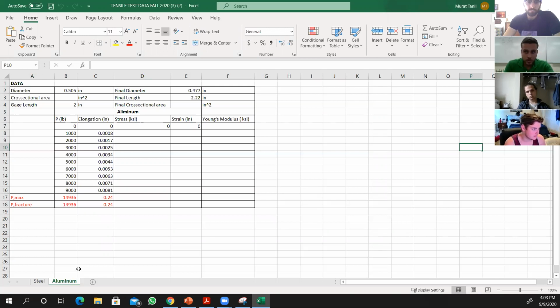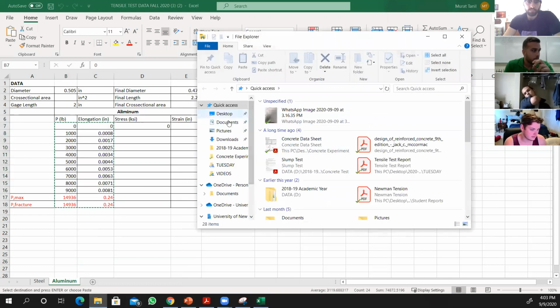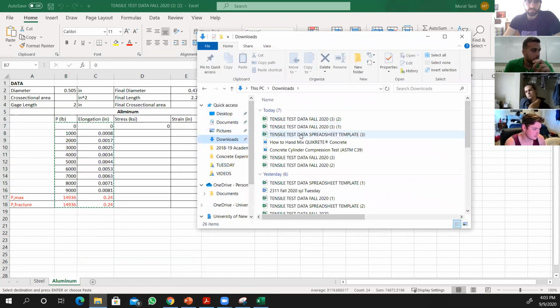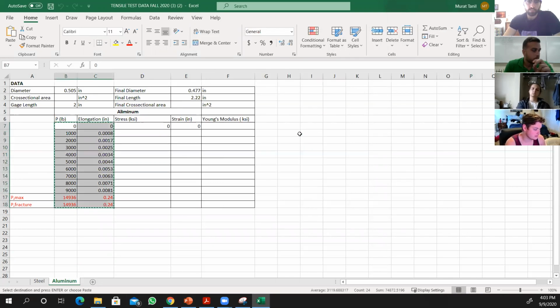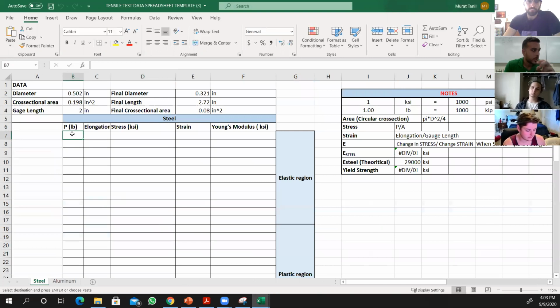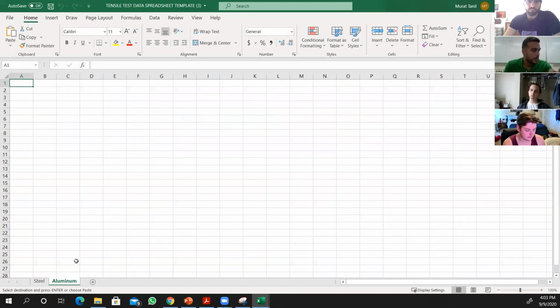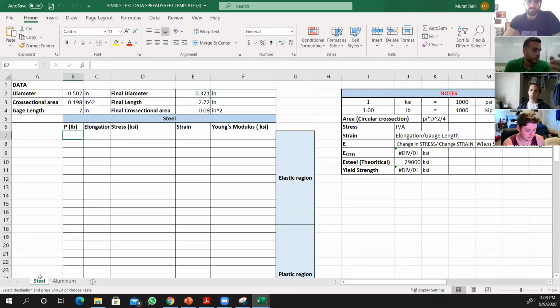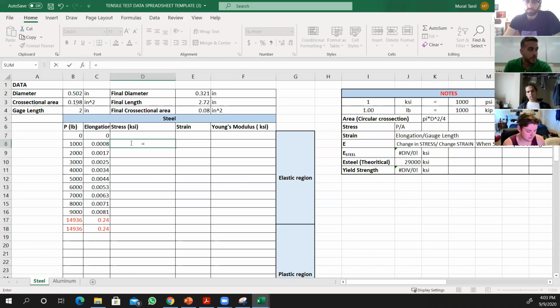So make sure this week you come here, copy, and then open the other spreadsheet, go to aluminum, and paste it here. Assume this is aluminum, and then start putting in the equations.